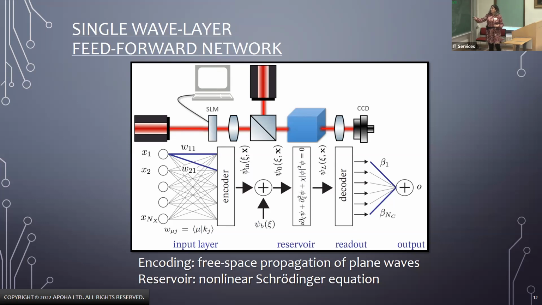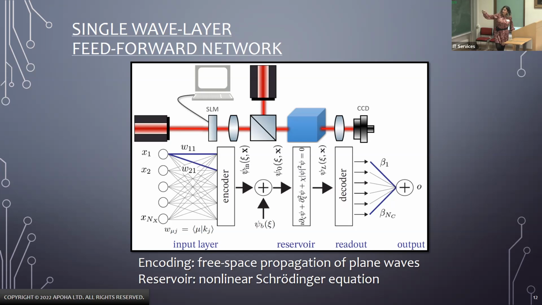Then it propagates to the far field, so you can consider it like having a Fourier transform, and it is superimposed to another CW beam that acts as a bias term, a term that we use to get access to the nonlinearity. After, there is the propagation in the nonlinear medium, so in the nonlinear crystal, in which we have the Kerr self-focusing nonlinearity, which is ruled by the nonlinear Schrödinger equation.